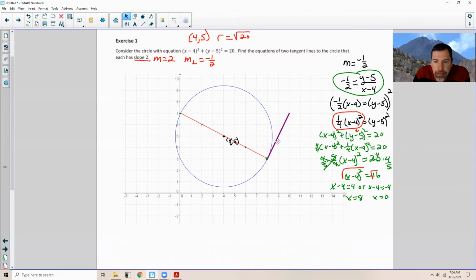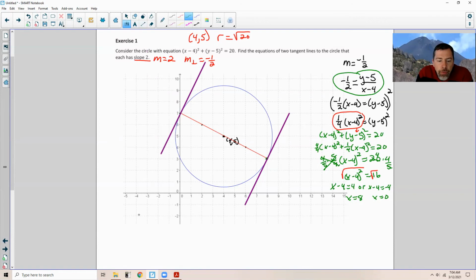Okay, and then I can extend that down 2 over 1, down 2 over 1, like this. So there's the tangent. And if we do the same on the other side, just to save time, I'm going to do a copy. And there's the equation of our other tangent. So those are the equations that we're looking for, the equations of those 2 lines.